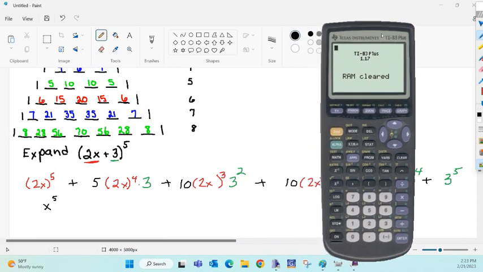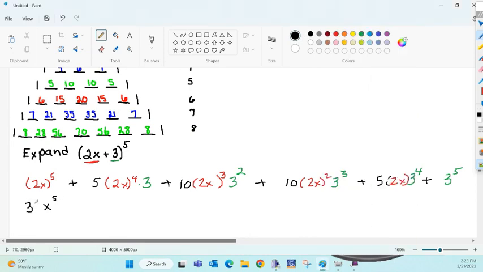Okay, 32 you said? So 2 to the 5th power is 32. So 32 is going to be right here. Now, x is going to be to what power? 4th power. So we're going to have x to the 4th power.